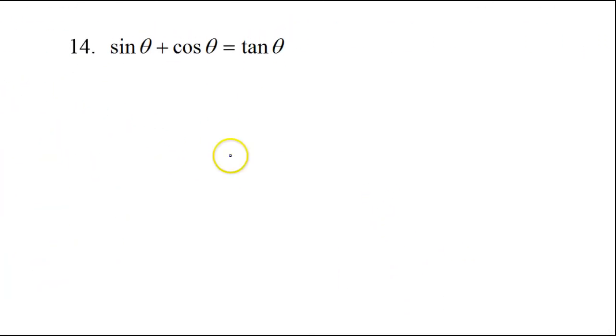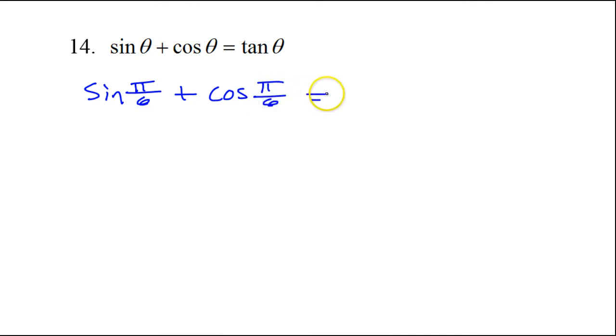Alright, this is the last problem. So let's see, sine of pi over 6 plus cosine of pi over 6, and let's see why that does not equal the tangent of pi over 6. Well, sine of pi over 6 is 1/2.